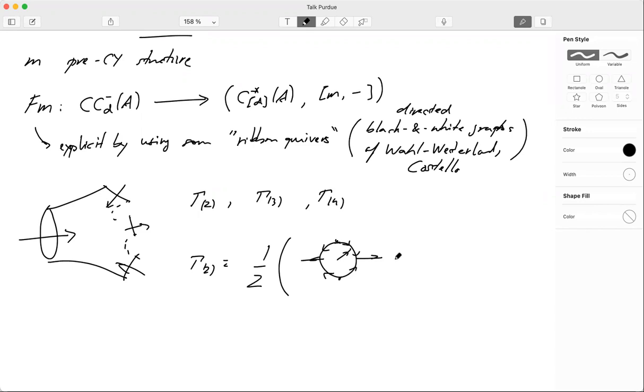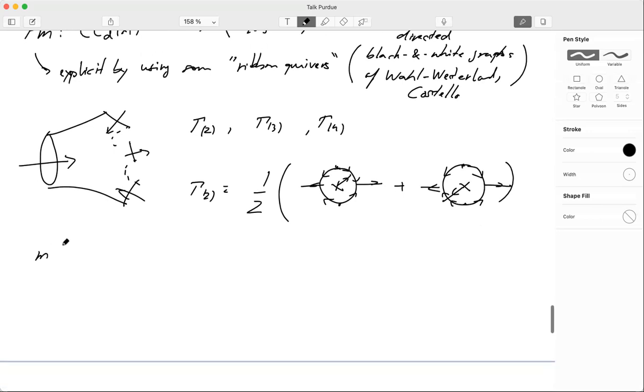There's some way of taking this graph with the arrows and inputting some Hochschild chain inside of this X, and getting something that has two outputs, which is what we want.